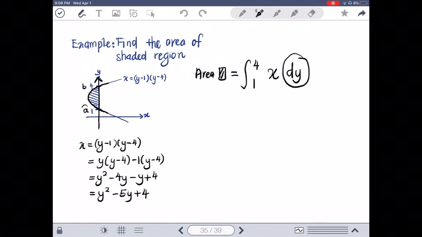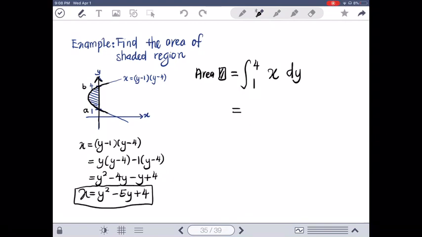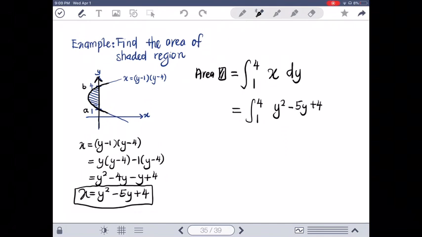Why with respect to y? Because the boundaries lie on the y-axis. So just now we already found x in terms of y, so just substitute here. So we have the integration from 1 to 4 of y squared minus 5y plus 4 with respect to y.